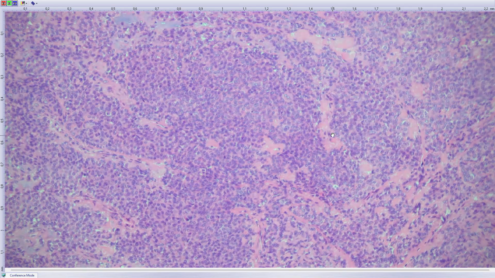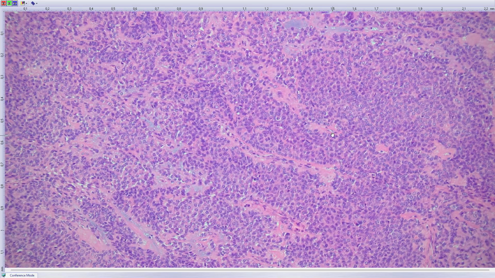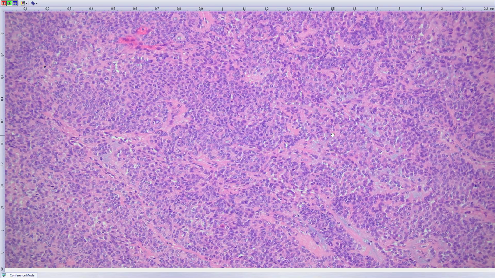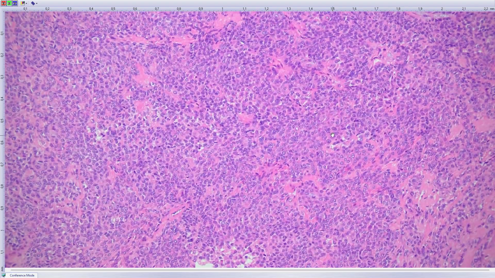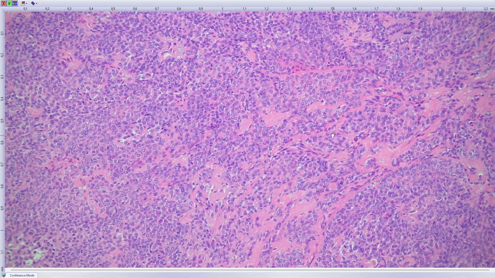I hope that you can appreciate that the cells are relatively regular, with roundish nuclei and eosinophilic cytoplasm, and I'll try to show you deposits of hyalinized matrix.